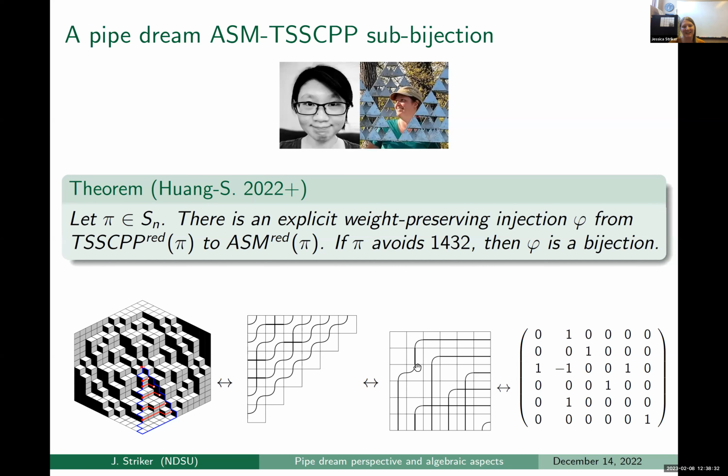All right, so here's the main result, that we have a map between TSSCPP and alternating sign matrices in the case that the corresponding pipe dream and the corresponding bumpless pipe dream correspond to a permutation that avoids 1, 4, 3, 2.